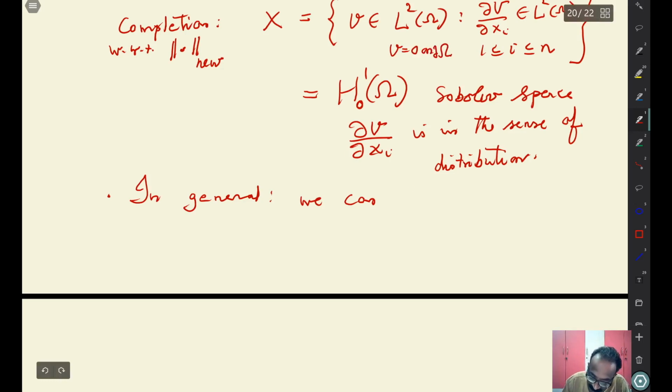In general, we can also consider, without the boundary condition, C1 of omega bar with the above norm.